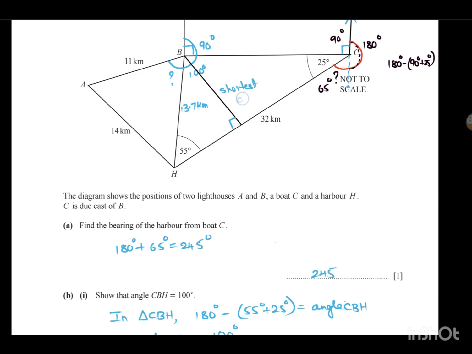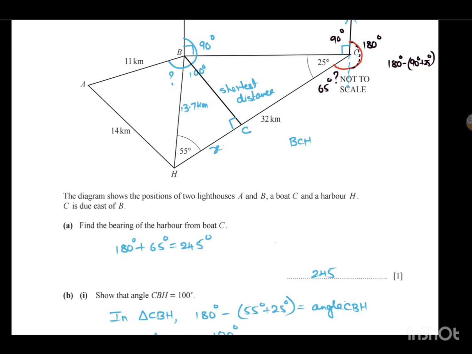That means from B to the line, the perpendicular will be the shortest distance, and we need to find out the distance from C to H. So for that, now we have a right triangle here. BCH is a right triangle, and there is an angle, and we have a side here.